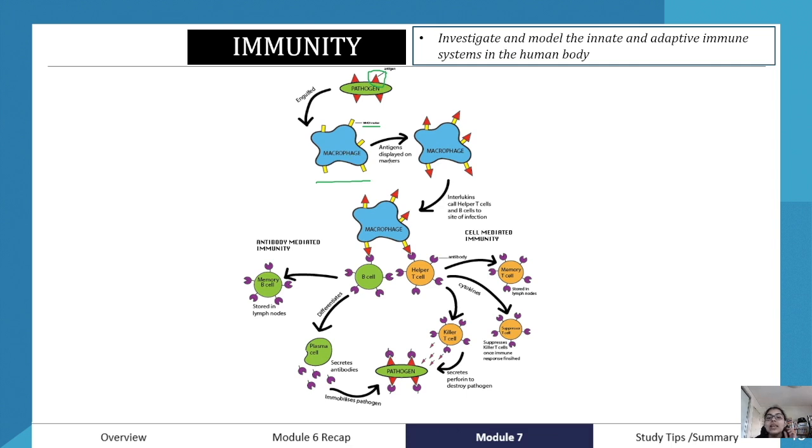Then once they engulf the pathogen, they present the antigens on their surface. This is the MHC class 2 presenters, basically. So they eat the pathogen up and then they present the antigens on their surface. Right there.